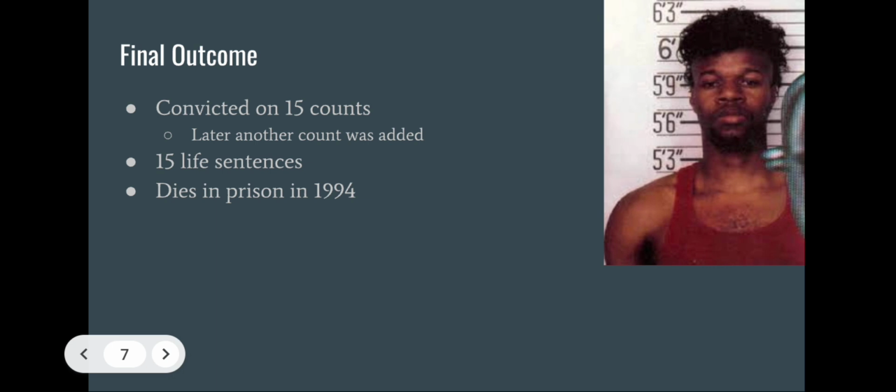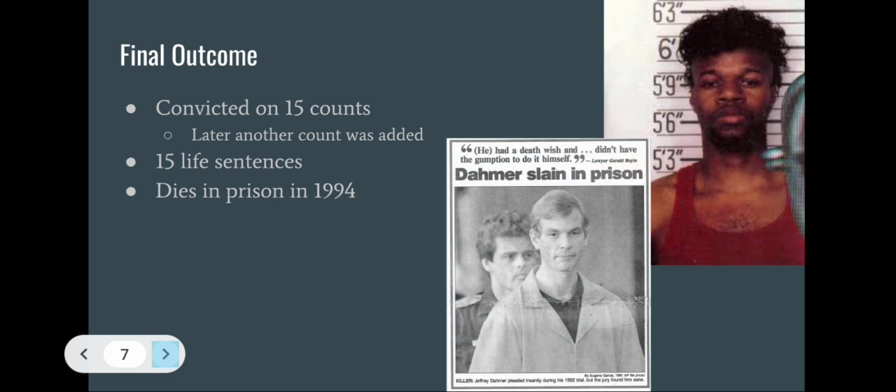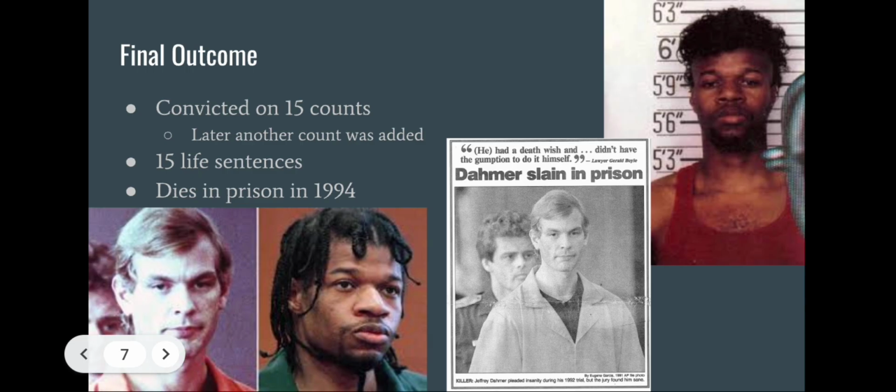In 1994, Dahmer was attacked while on cleaning duty in the gymnasium bathroom at Columbia Correctional Institution in Portage, Wisconsin. Guards had left the 3 inmates unsupervised for approximately 20 minutes.